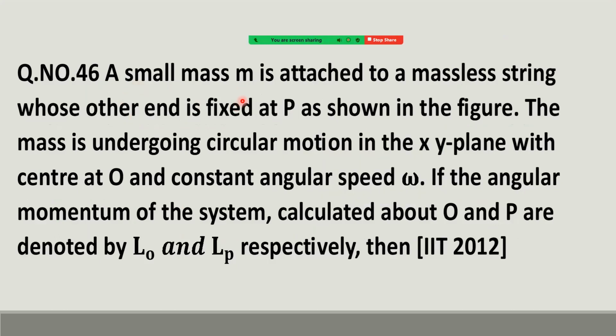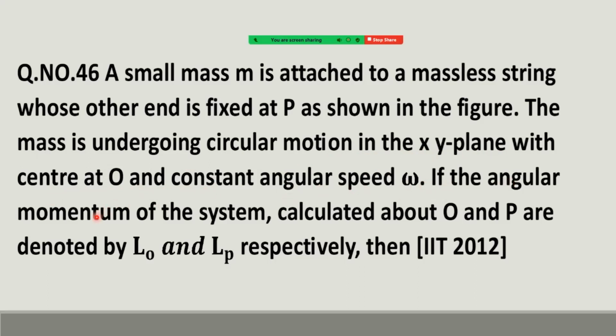A small mass M is attached to a massless string whose other end is fixed at P as shown in the figure. The mass is undergoing circular motion in the xy plane with the center at O and a constant angular speed omega.